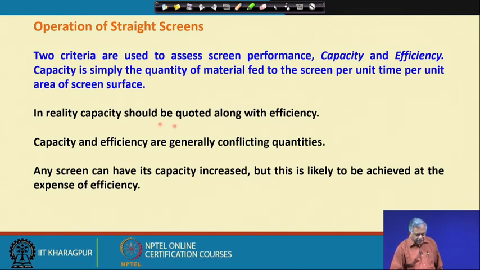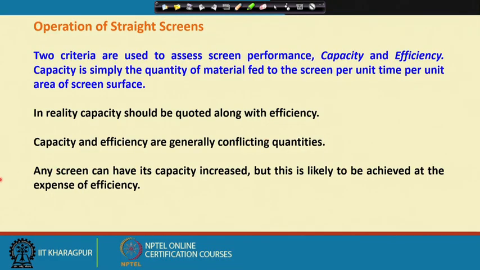In reality, capacity should be quoted along with efficiency, like the similarity with, if you remember, the grade and recovery type of relationship. If you want better grade, you have to sacrifice a little bit of recovery.